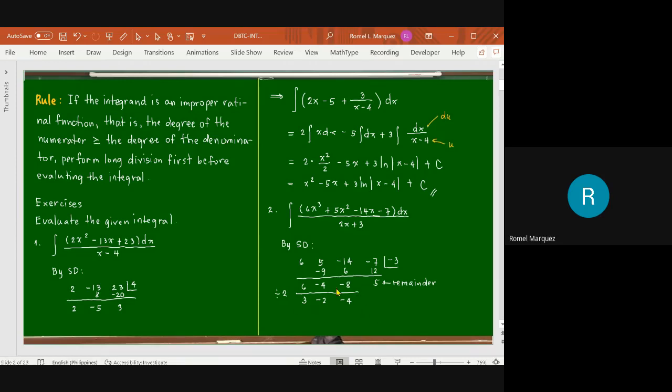So these are the coefficients of the quotient. No? So the quotient, the degree is 2. So this is the coefficient of the quadratic, then linear, and then the constant term. Okay? 3, negative 2, negative 4. Remember that.